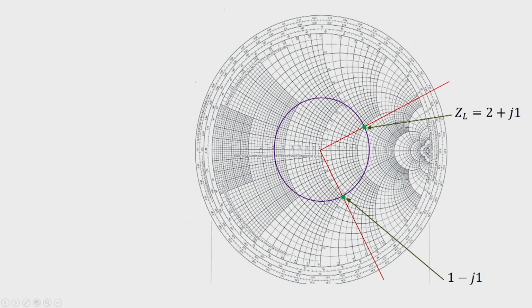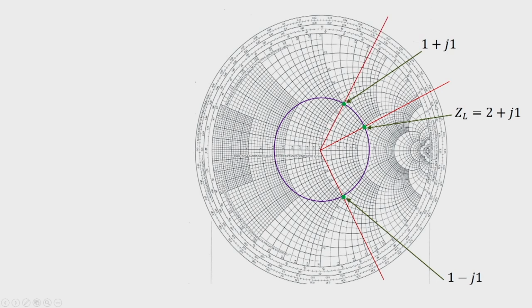If we continue our journey this way, we find that we intersect the R equal to 1 circle once again at this point, which is given by 1 plus j 1. We draw another line.